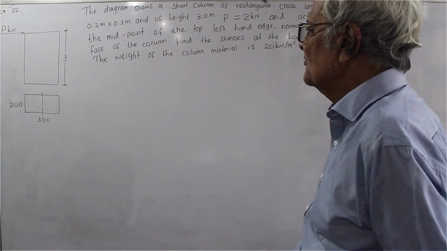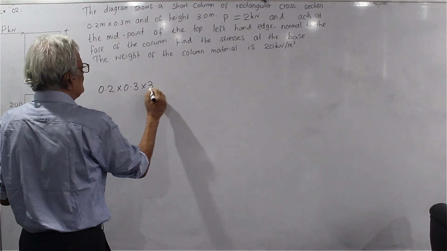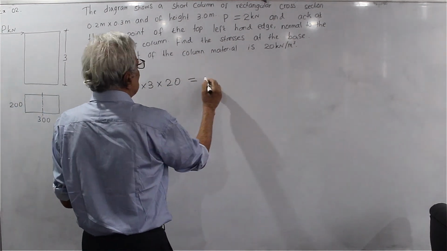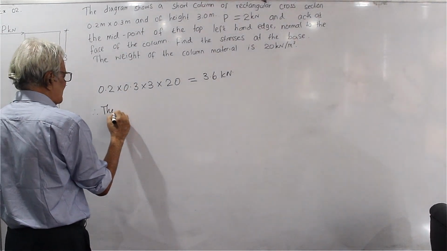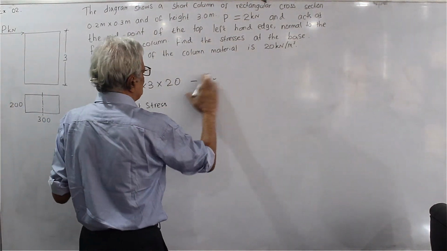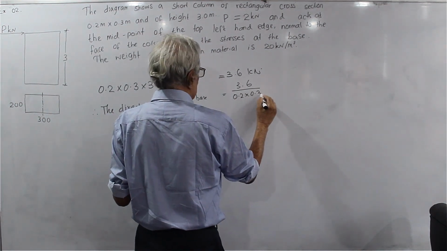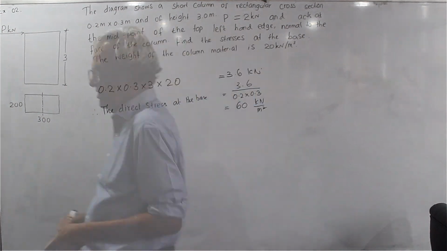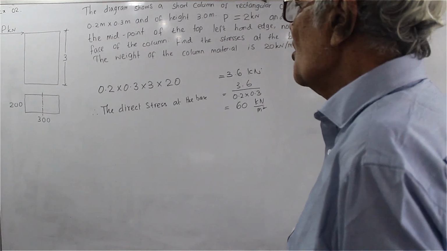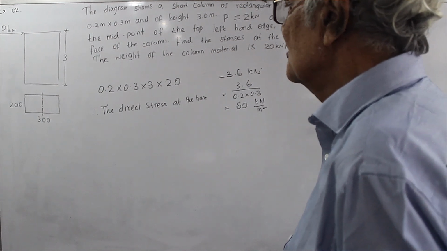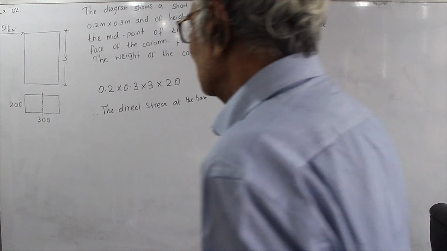Therefore, the weight of the column is the direct stress. This direct stress could have been more easily calculated by just multiplying the unit weight of the column material by its height.